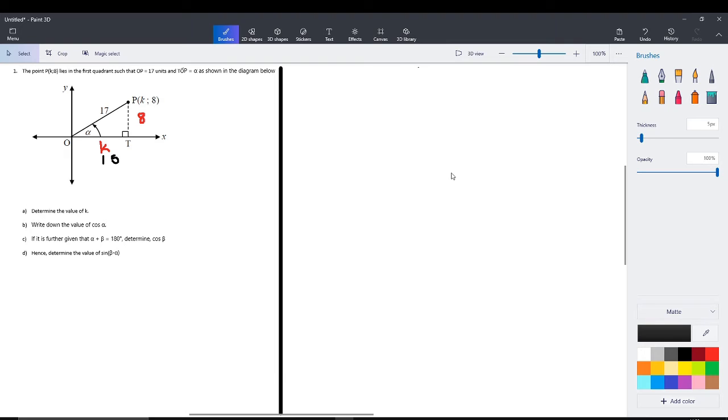For part D, hence determine the value of sine (beta minus alpha). So we need to determine sine of beta minus alpha. From part C, we already know that beta is actually equal to 180 minus alpha.